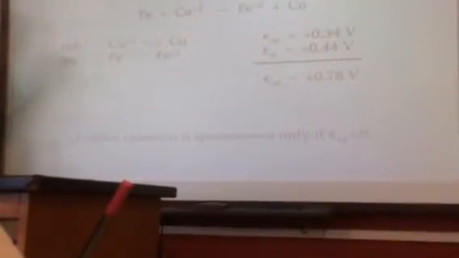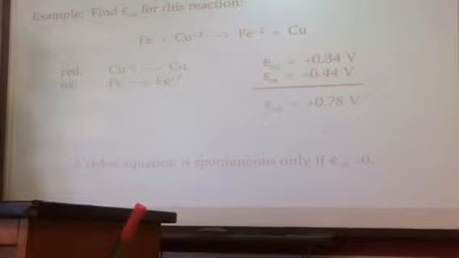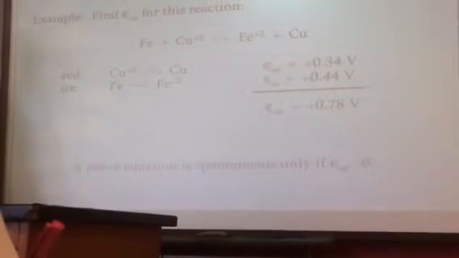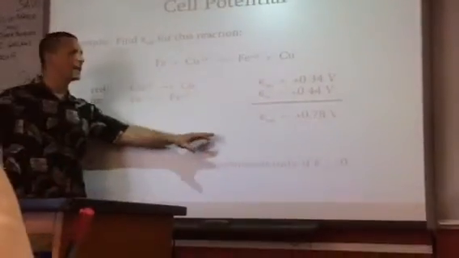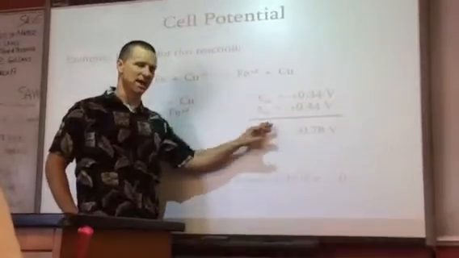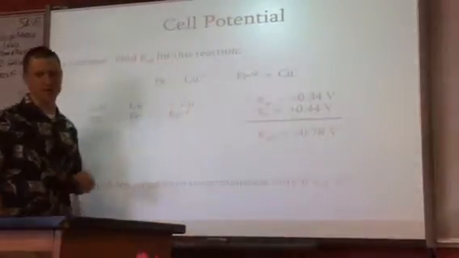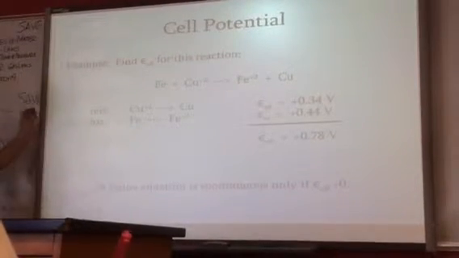A redox reaction will be spontaneous if it has a positive cell potential. We're used to something being negative for a spontaneous reaction, namely delta G. But when we know the reduction potential and the oxidation potential, if the cell potential is positive, the reaction occurs spontaneously, and you'll get the current to flow.